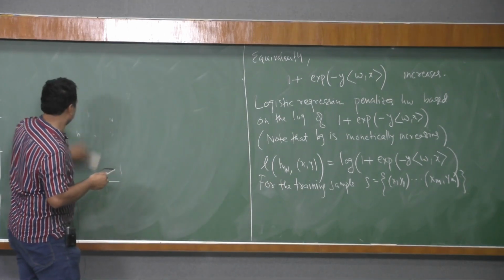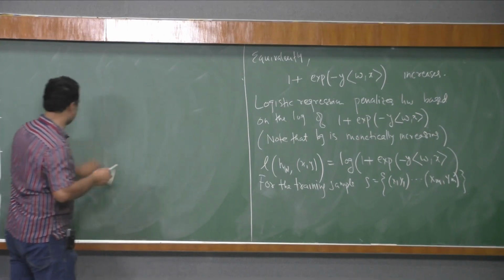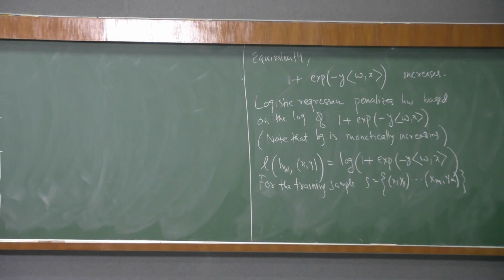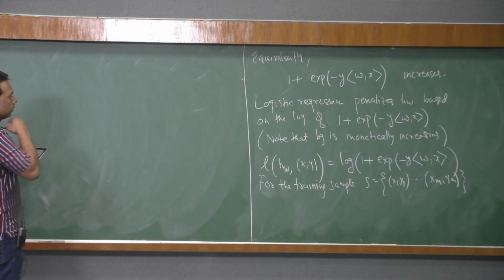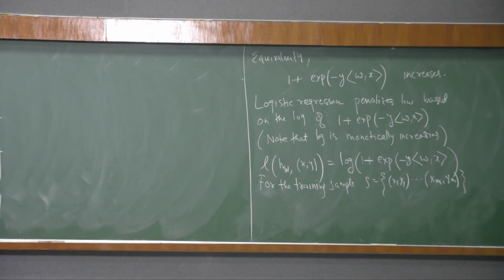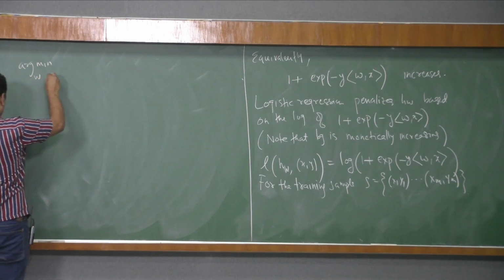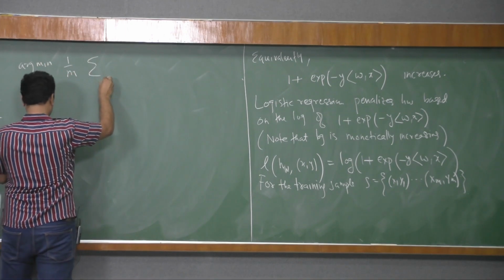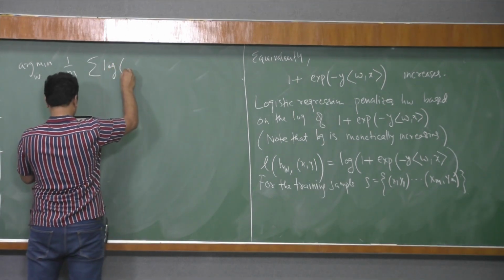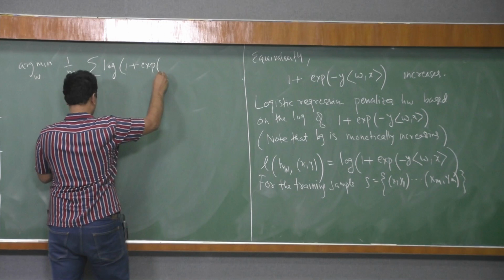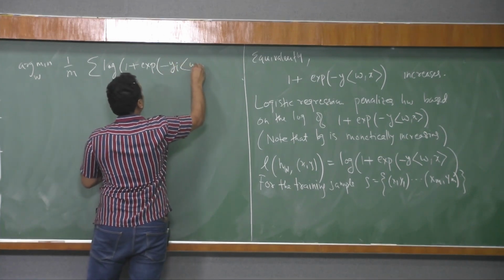The reason why log will not change the minima, that's the thing. If the minima is achieved for a certain w, then the same w minima will be achieved for log of that function. So these are equivalent optimization problems. So basically we now solve argmin over w of 1 by m sum of log of 1 plus exp of minus y_i w x_i.